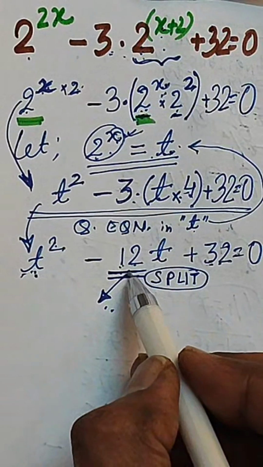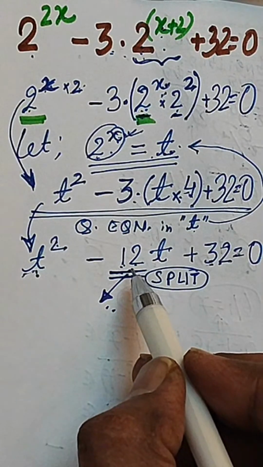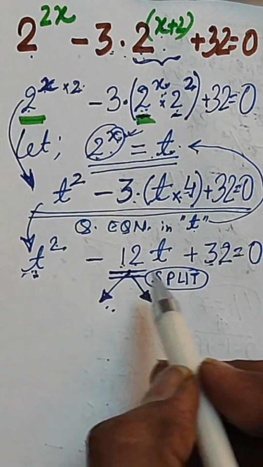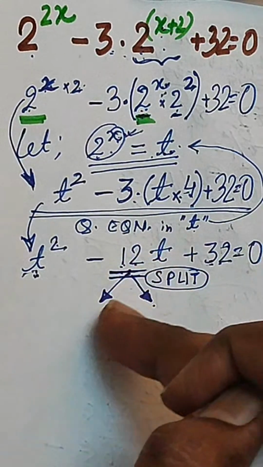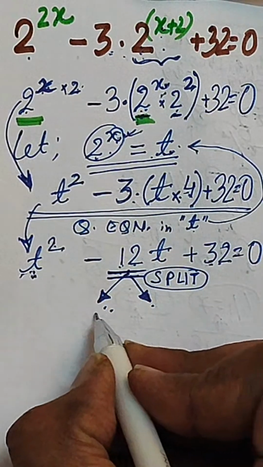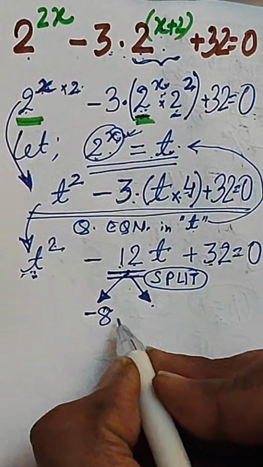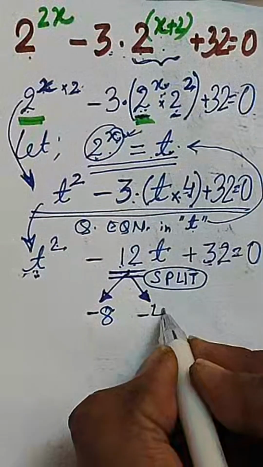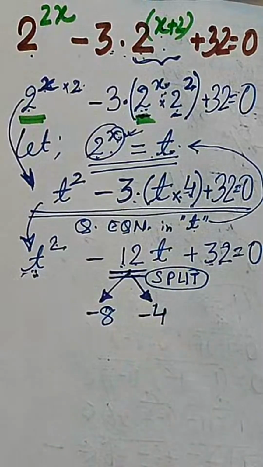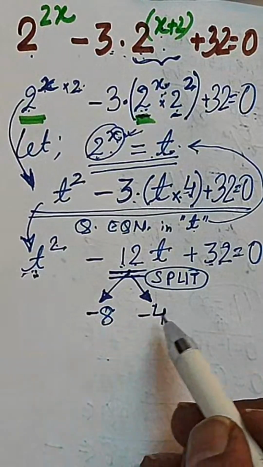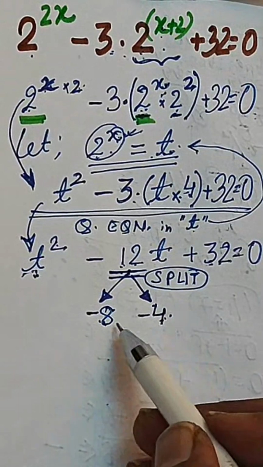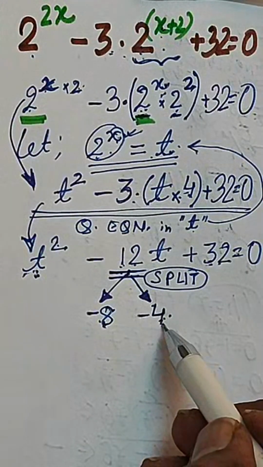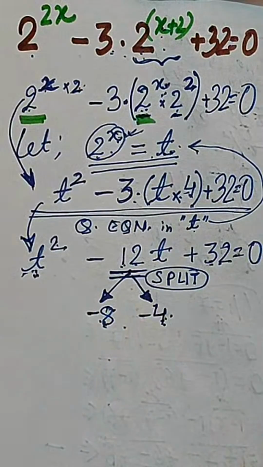If this is split into two terms, let us say minus 8 and minus 4, right? Why split it as minus 8 and minus 4? Because when you do the simple calculation, minus 8 and minus 4 will give you minus 12.